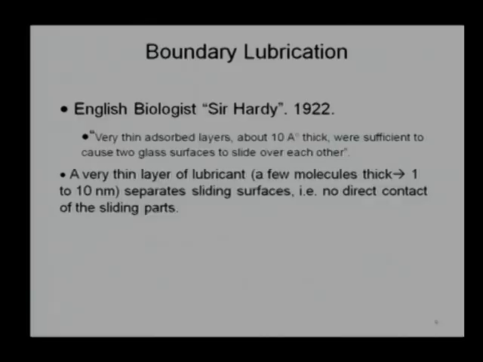An interesting thing is that it has been observed by a number of researchers that even this thin layer is able to separate contacting surfaces. There will not be any metal to metal contact even with a layer thickness up to 10 nanometer.